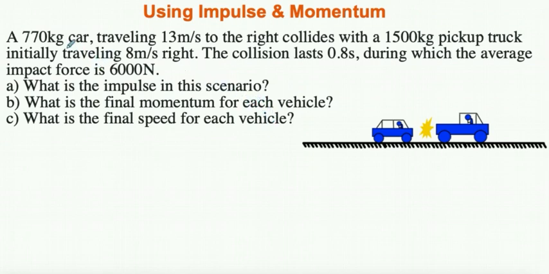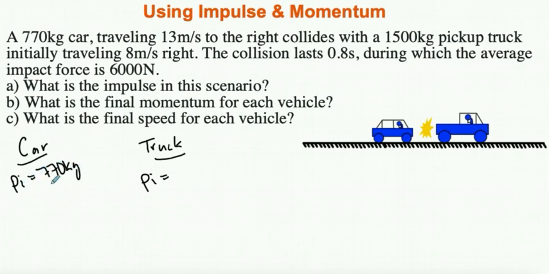so let's see what we can do here. Okay, so let's find our momentum for the car and then the momentum for the truck initially. Car here and truck here. Initial momentum for both of these. So for the car, we're going to have 770 kilograms times 13 meters per second.